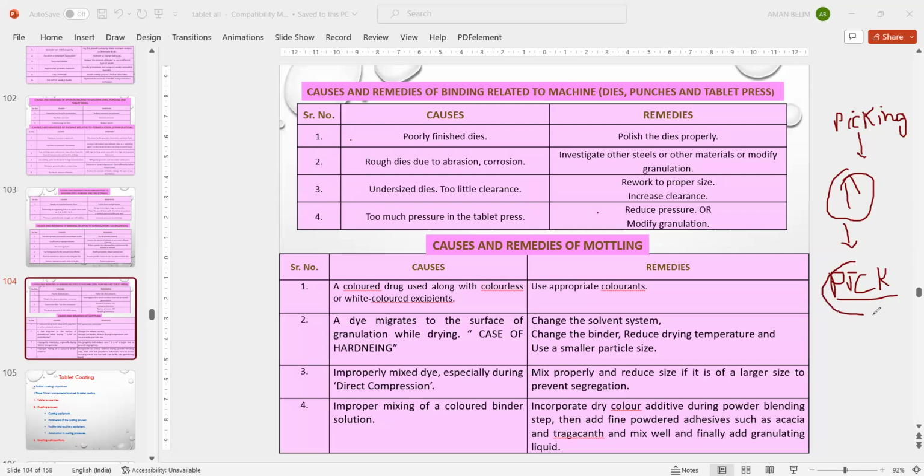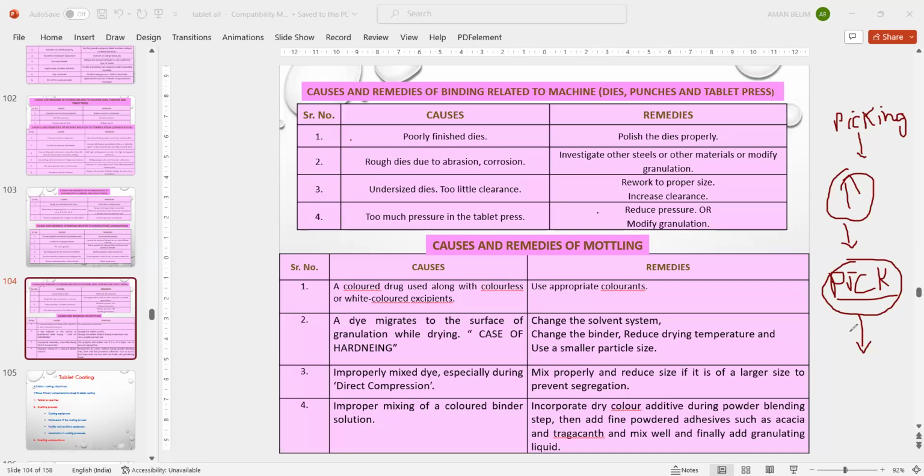How do we solve picking? What is the remedy for picking? Sufficient lubrication. No, there is one more. Polishing of punches. Yes, polishing with which material?